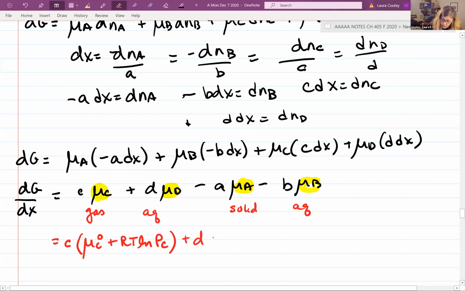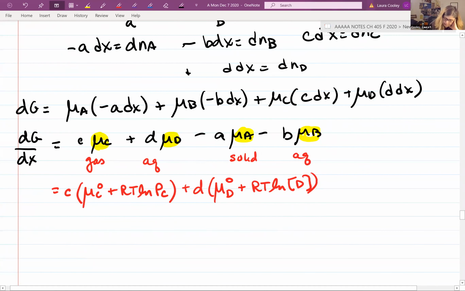For aqueous, it's mu D0 plus RT times the log of the molarity of D. Minus A, now A is a solid, so it's just going to be mu A0, period.